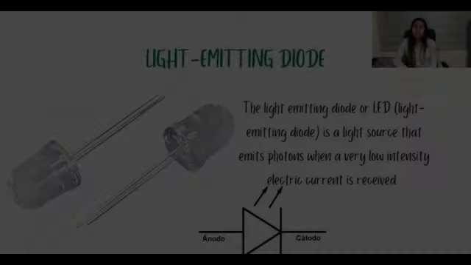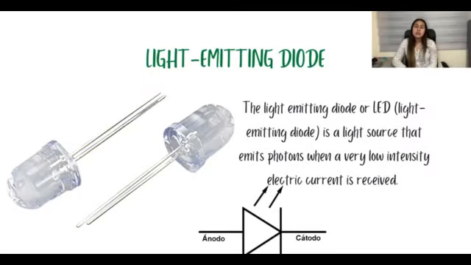The light emitting diode or LED is a light source that emits photons when a very low intensity electric current is received. The LED is usually enclosed in a plastic material that accentuates the light generated by the diode and helps focus the light.